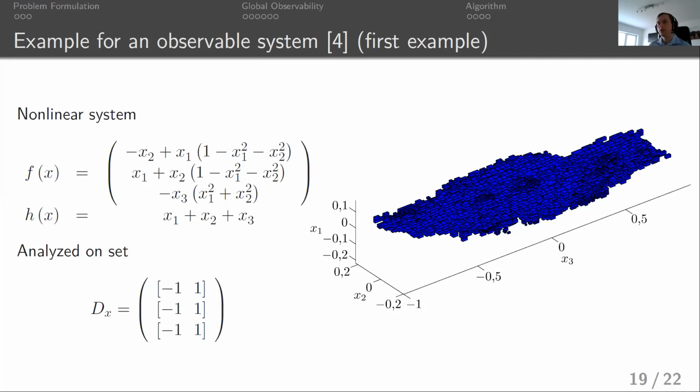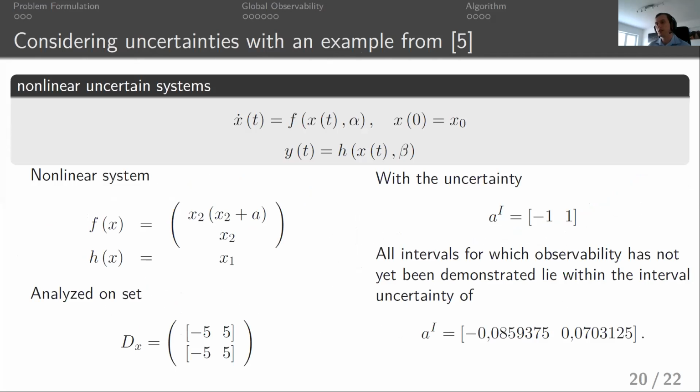Now, the next thing I would like to talk about are the uncertainties. We have here another example with an uncertainty A, also taken from the literature. Every step I've shown so far is also capable of handling this if the uncertainty is given by an interval vector. We can compute everything with this interval vector. The only change is that we don't only bisect in x1 and x2, but also in this uncertainty.